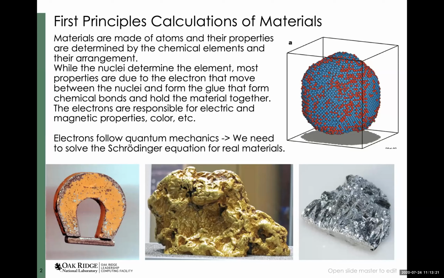Here on the right, that's actually antimony, an element at the border of being a metal and a semiconductor. So we want to understand how the electric behavior of a material is affected. And here at the top, this is from an experimental measurement, how different atoms are distributed in a nanoparticle of iron and platinum.